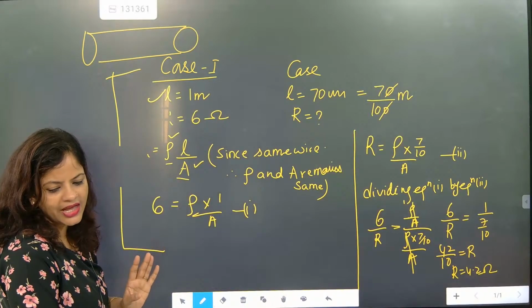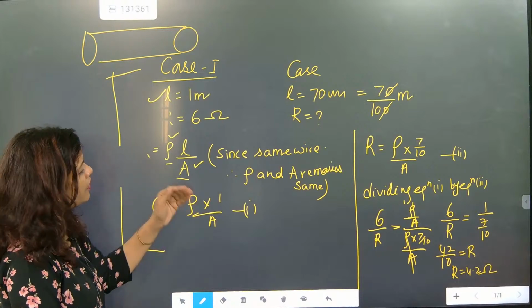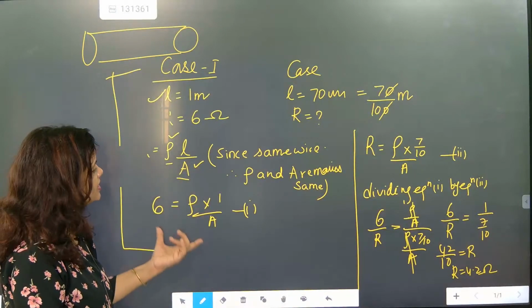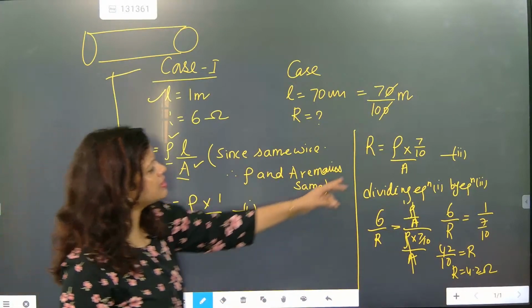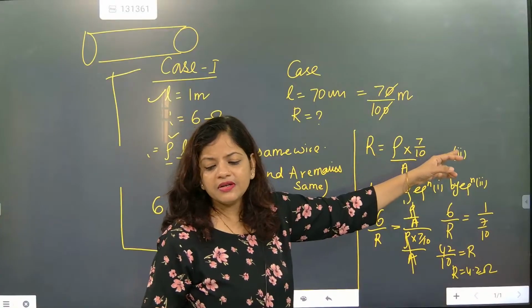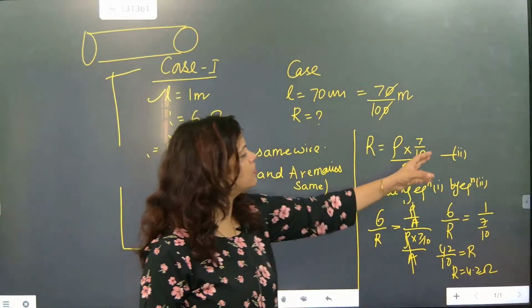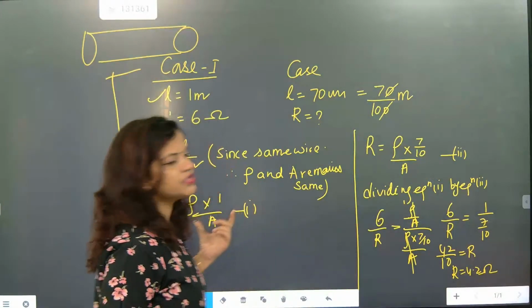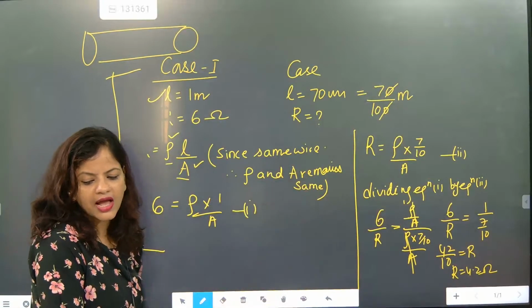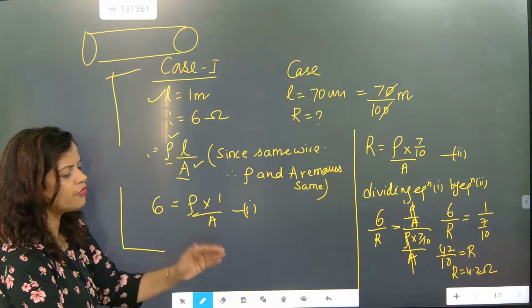That's the work I have done. Then rho and area remain the same. In the second case, the resistance value we don't know, but the length of the wire we know. Then we divided equation 1 by equation 2 and got the answer as 4.2 ohm.